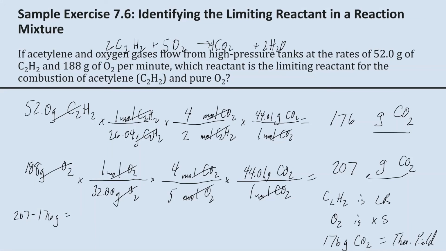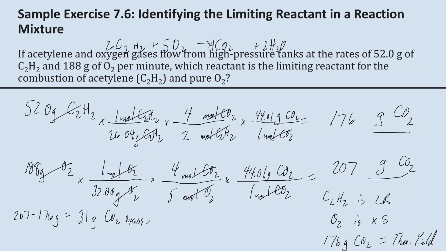So we can find out how much excess oxygen there is by doing this. If we subtract the masses of the two products, that would give us an amount of excess carbon dioxide.